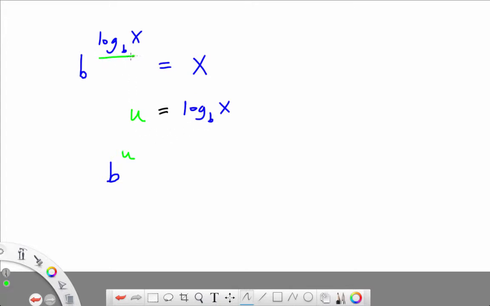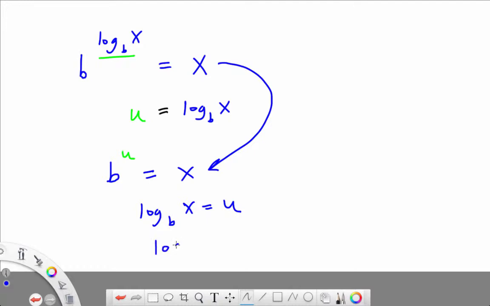I have log base b of x here, I can replace that with u, and continuing on, I have b to the u equals x, because this x just came down here. Now if I convert this to log form, I get log base b of x equals u. Just a standard conversion between exponential and log form.